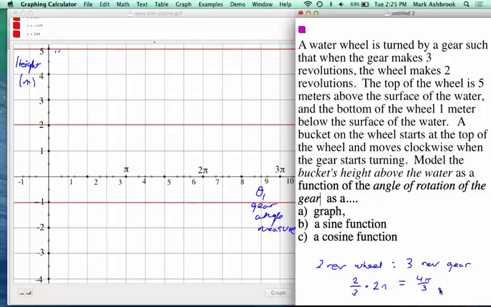When the wheel was turning slower than the pedal, what about the period for the wheel? Longer or shorter than the pedal? Remember that? Longer. So this isn't right because this is a shorter period. Anybody else want to give it a shot?